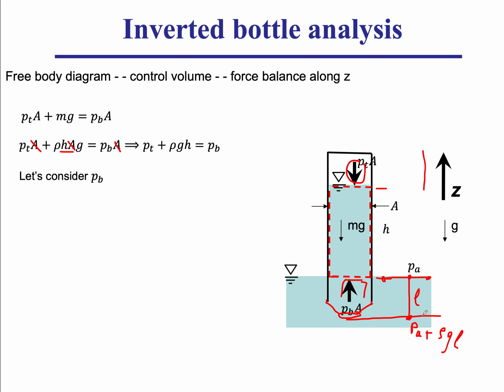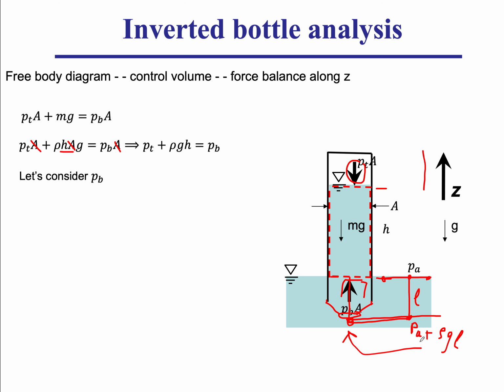So if I go horizontally, the pressure at the opening of my bottle is still P atmosphere plus rho gL, right here. And if I climb up within the bottle, it's still the same fluid, and there is no solid element. It's an unobstructed path of fluid.